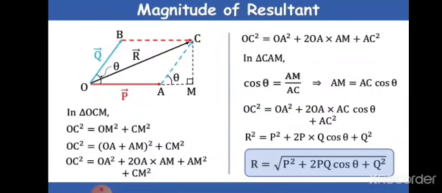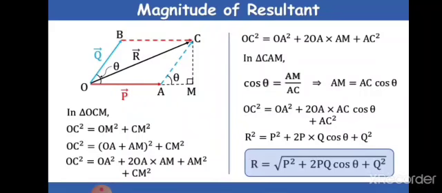So in this magnitude of resultant of two vectors, let us consider two vectors, vector P and vector Q, making an angle theta with each other.